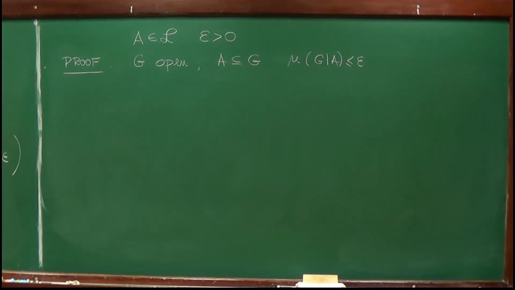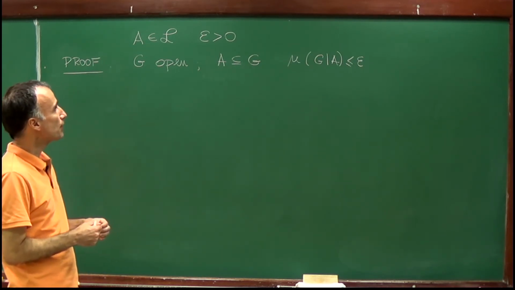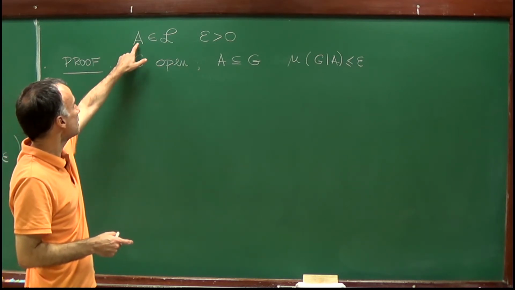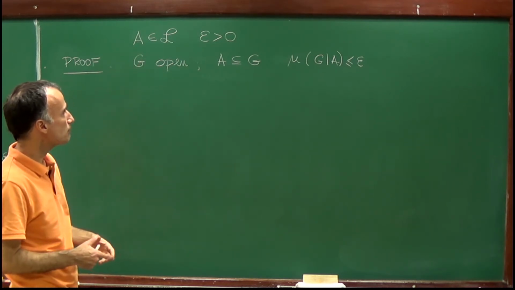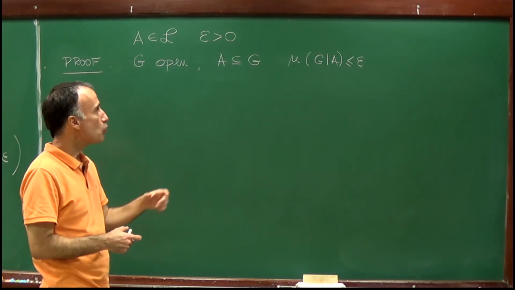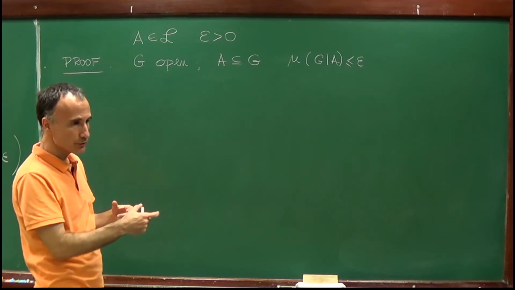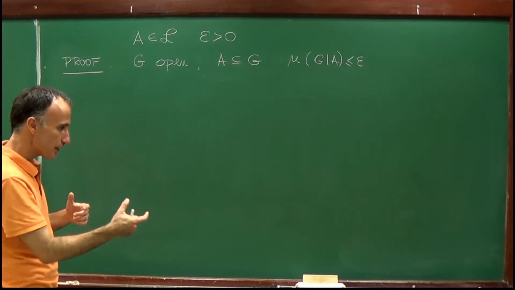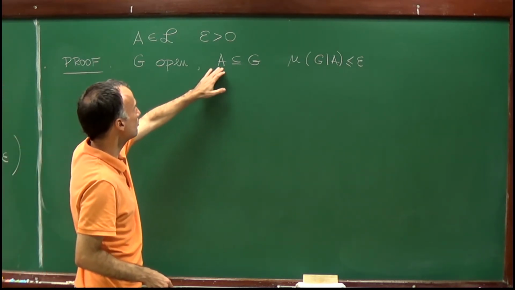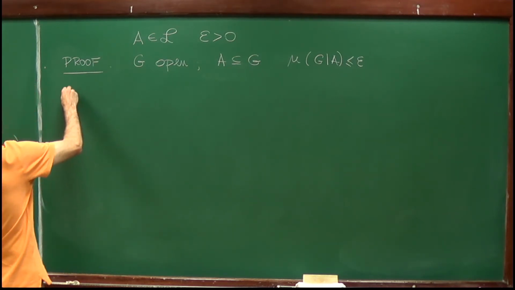And the idea of this proof will be very similar to the proof of the first theorem. But for that, we first need to replace A by a set of finite measure. In that theorem we covered A with elements of the algebra. At this point we will need to replace the elements of the algebra by open sets. The first step, replacing A by sets of finite measure, is very easy.